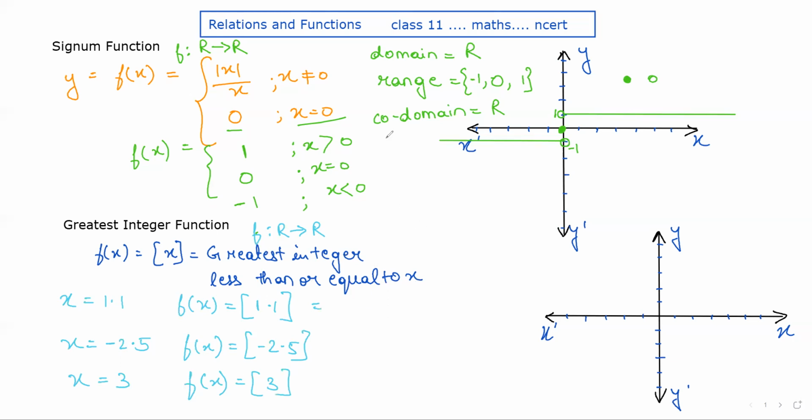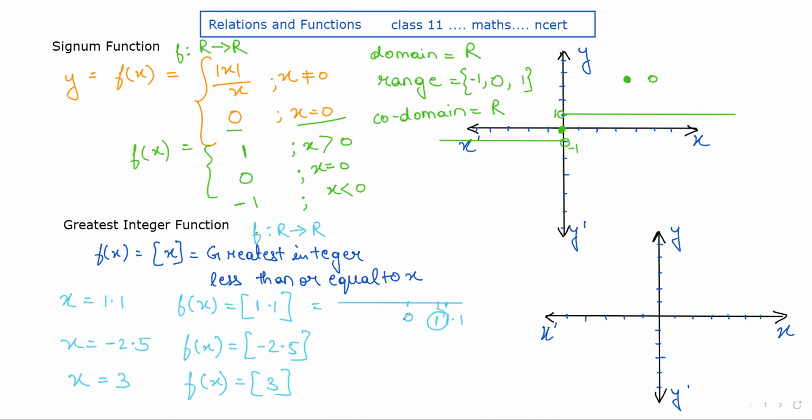So let's draw a number line. Let's understand where we have 1.1. This is your 0, this is your 1. Here you'll get somewhere 1.1. It has to be the greatest integer, but the integer has to be less than or equal to x. So which integers are less than or equal to x for 1.1?